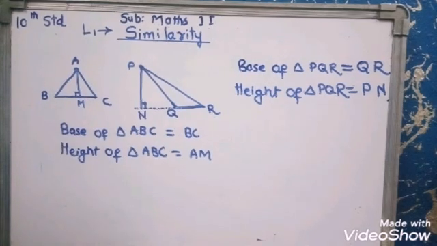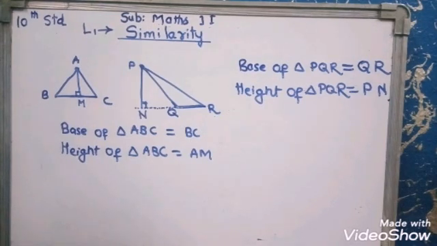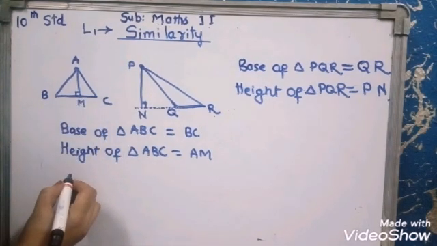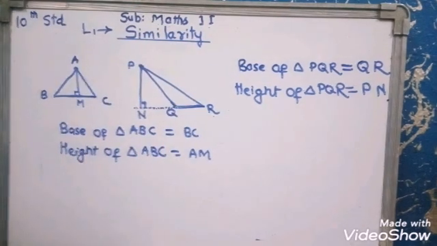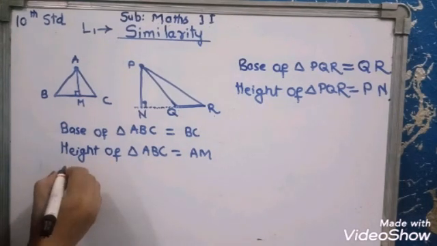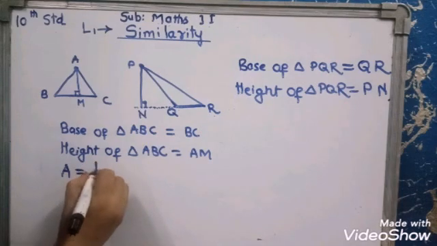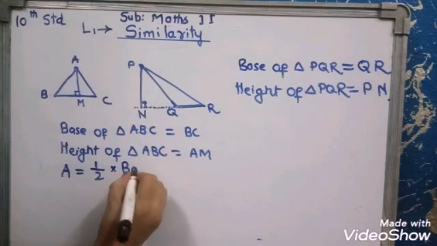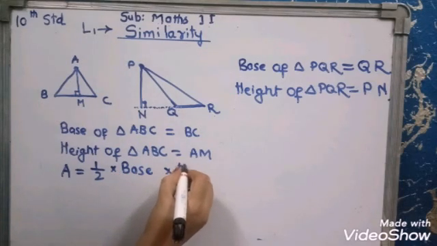Now we know that the length of a segment and area of any figure is a positive real number. Area is always a positive real number. In previous classes, you know that the formula for area of a triangle is 1/2 into base into height.